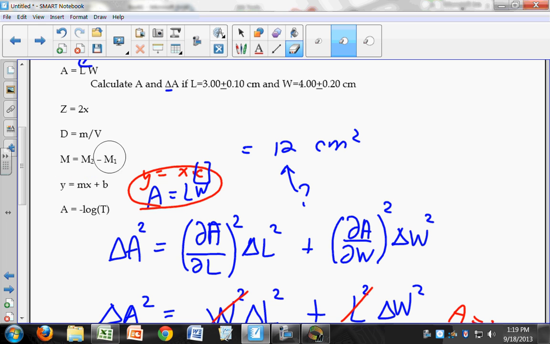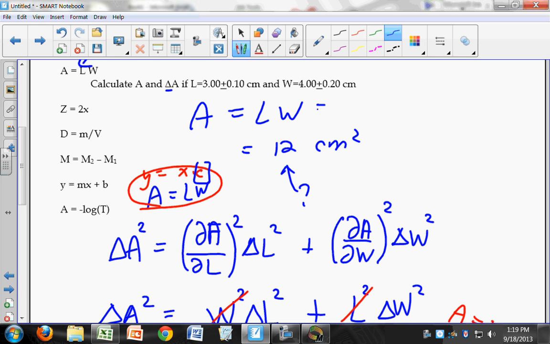First of all, let's finish up that problem. A equals length times width, right? So 3.00 centimeters times 4.00 centimeters is 12 centimeters squared. So what should we do now?